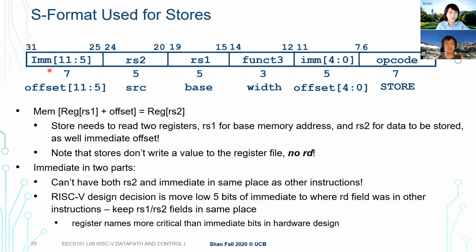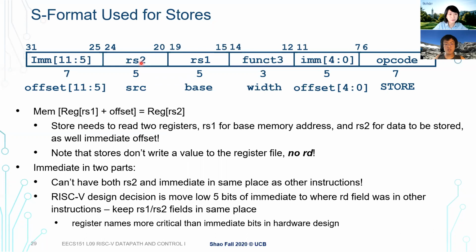And then we still use the immediate to represent the offset. The value we want to write to memory comes from RS2, the second register here. So we don't need a destination register. We only need two source registers, but we also need an immediate here.